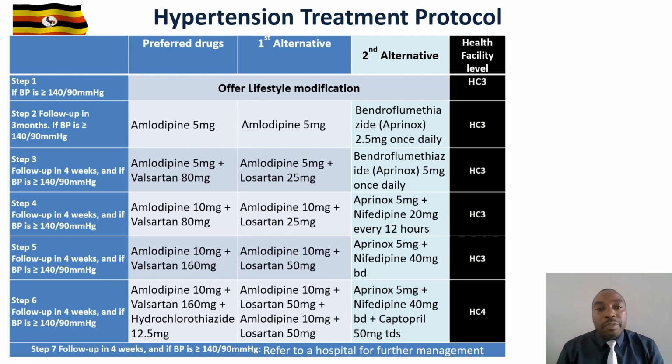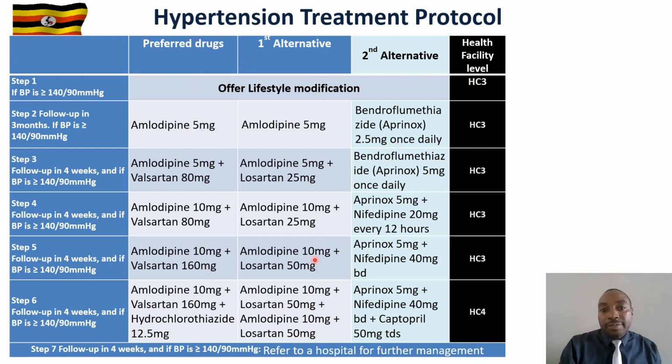So, in our treatment protocol, remember we're introducing one drug at a time, but lifestyle modifications as a must. So the first drug we usually introduce is amlodipine. It's a calcium channel blocker, the preferred drug to start with in monotherapy. Amlodipine, 5 milligrams. Now, if somebody still is not controlled, let's look at this column and follow the steps.